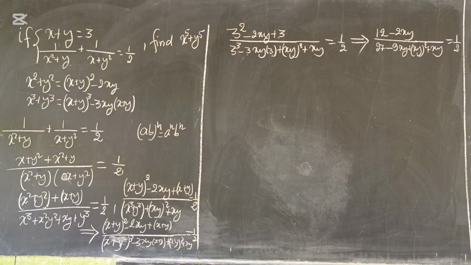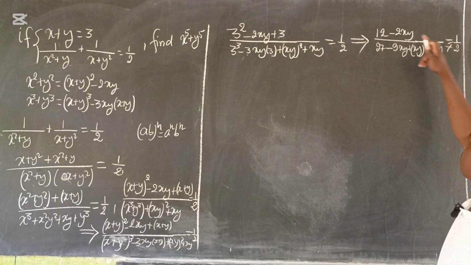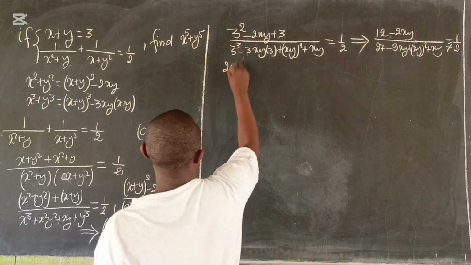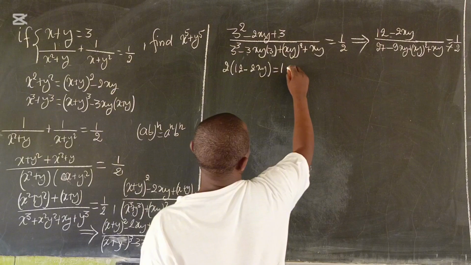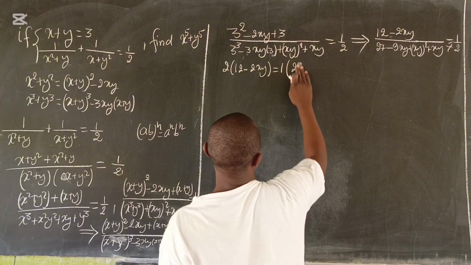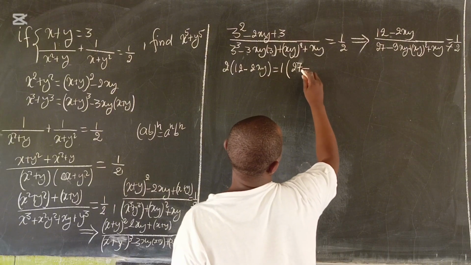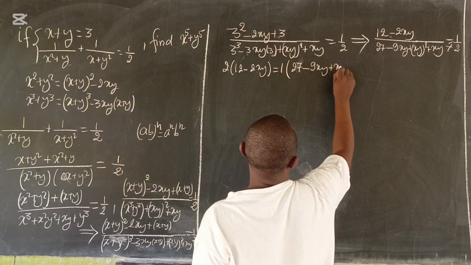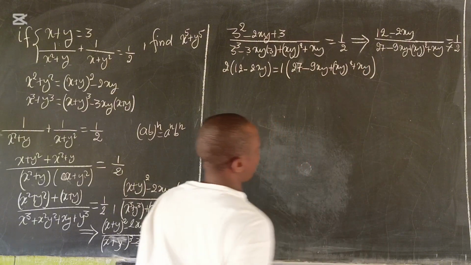Crossing multiplication to here, we have 2 into 12 minus 2xy. This will be equal to 1 into 27 minus 9xy plus xy power 2 plus xy.